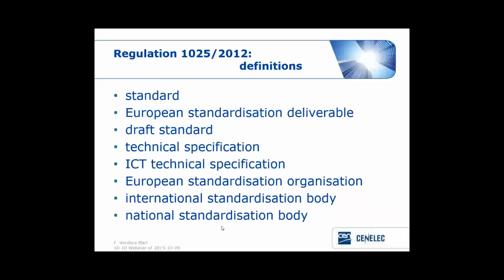But the interesting thing is that when we go to international standard bodies, we have clearly identified ISO, IEC, and ITU as the international standard organizations. And this is a very important difference of the European legal framework with other regions in the world. For us, there is no doubt. The only international standard organizations in Europe are ISO, IEC, and ITU.